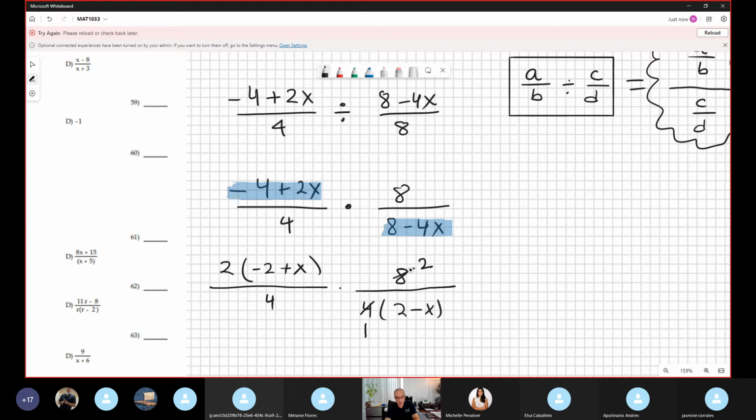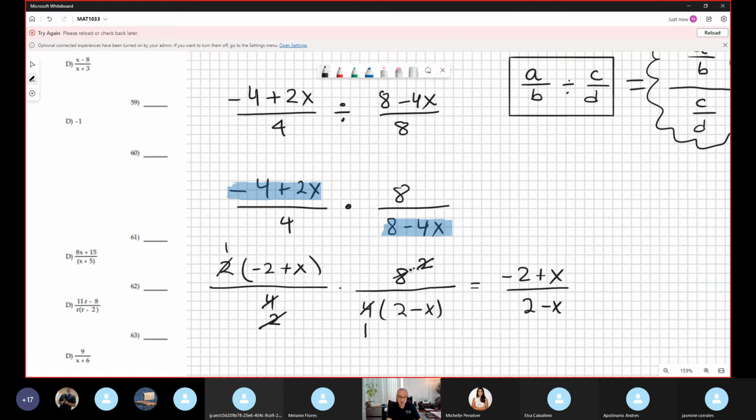And here, maybe you divide 2 by 2 is 1, and 2 by 2 is 1. And this 2 in the top and this 2 in the bottom cancel. By the way, it's the same as 1. Numerical part is 1. Variable part: it's -2 plus x, divided by 2 minus x.